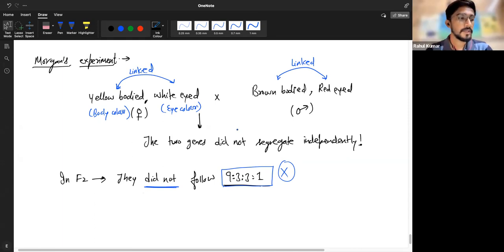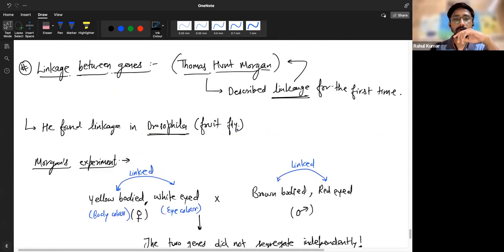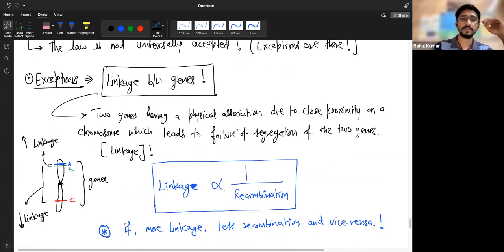Okay. Now let's see how he got to know this. So look at this example here. If two genes, A and B, are very close to each other, the chances of their segregation are very, very less during recombination.